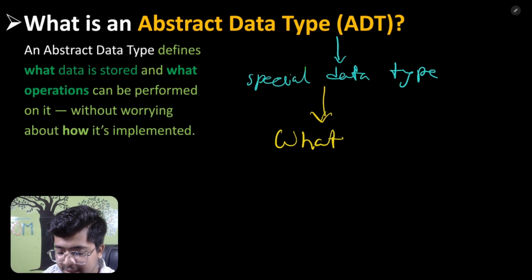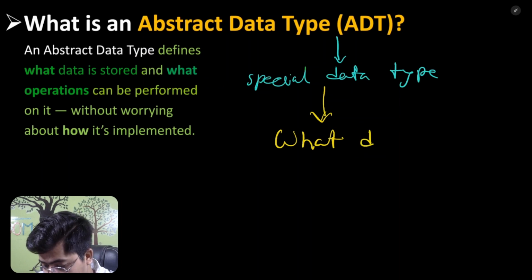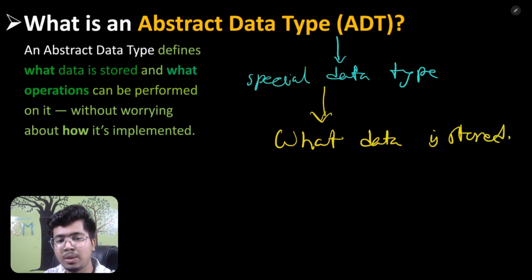Whenever we study abstract data types, if you look at the definition here, an abstract data type defines what data is stored and what operations can be performed on it without worrying about how it's implemented. That means here we will be considering what data is stored. You might be thinking, what are data?